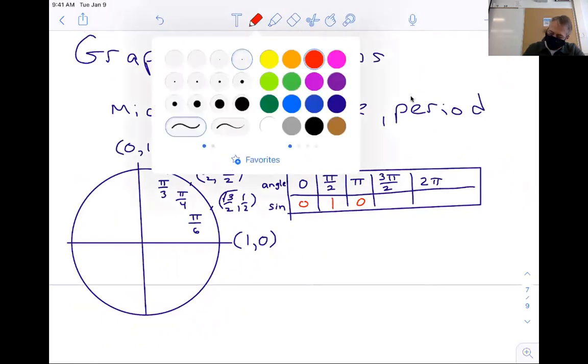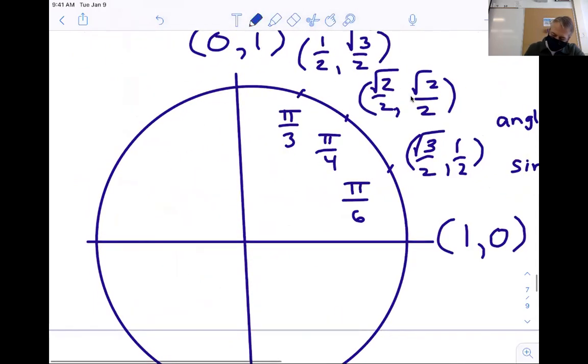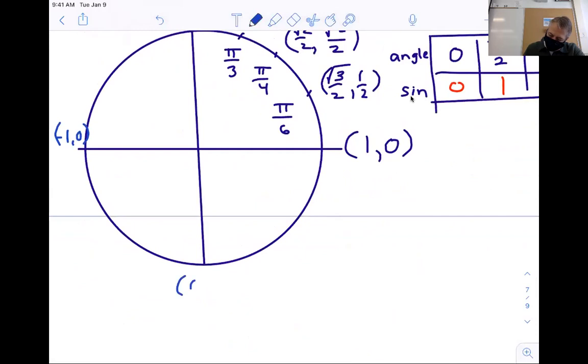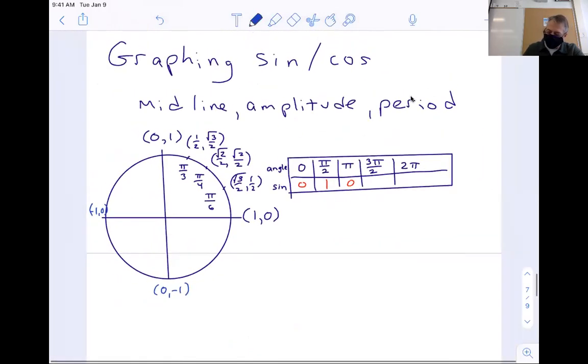Maybe it would be helpful if I wrote those on there for you. So the coordinates here are negative 1, 0, right? And down here would be 0, negative 1, because I also want the sine at 3 pi over 2.